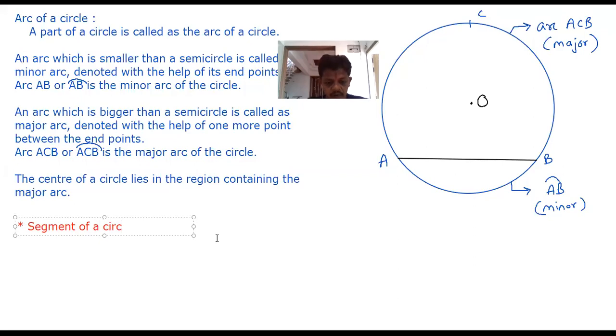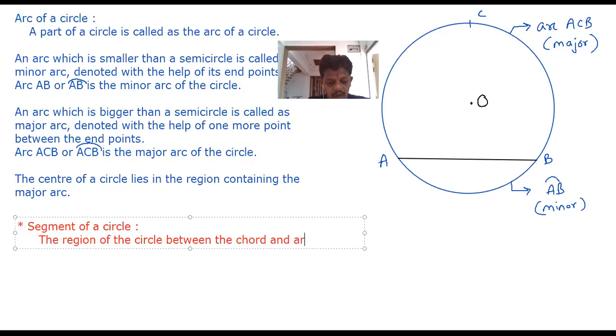Another point. Segment of a circle. The region of the circle between the chord and arc is called as segment of the circle.